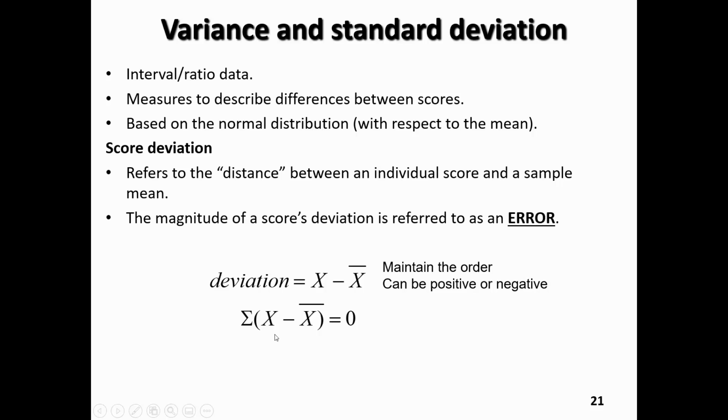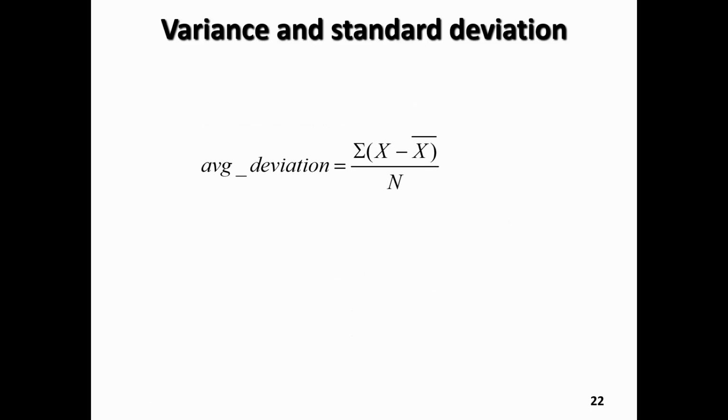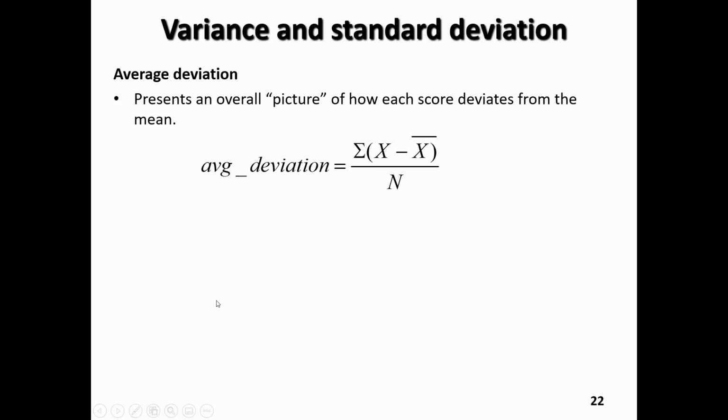One way to begin to quantify deviation is by calculating an average deviation. An average deviation is a single number that provides an overall picture of how the average score deviates from the average value.